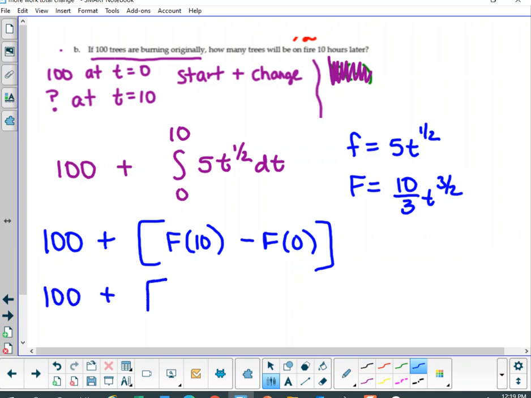So 100 plus, well, big F of 10. This is going to be a little messy, because it's going to be 10/3 times 10 to the 3/2.